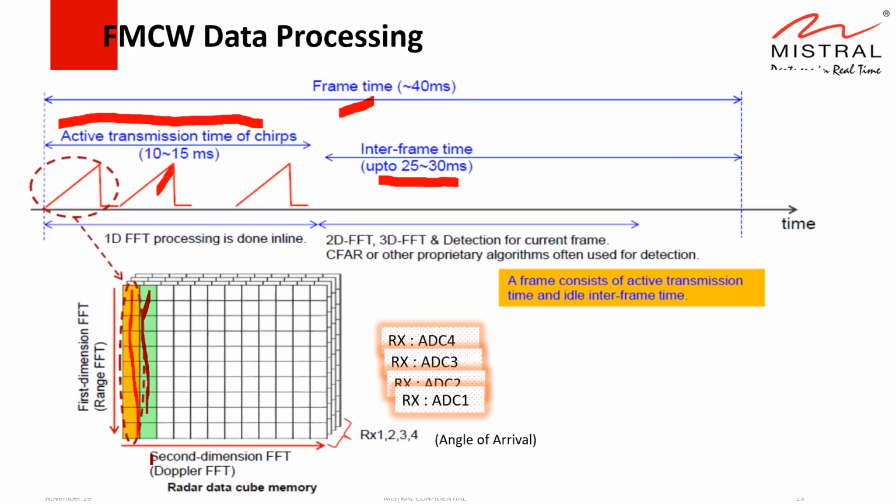When you do a 2-dimensional FFT across the chirps, you get the Doppler output, the Doppler shift, or the velocity information. And once you complete the active chirp part of the frame, there's a delay of 30 milliseconds available.